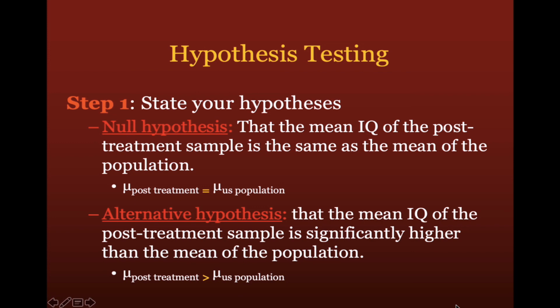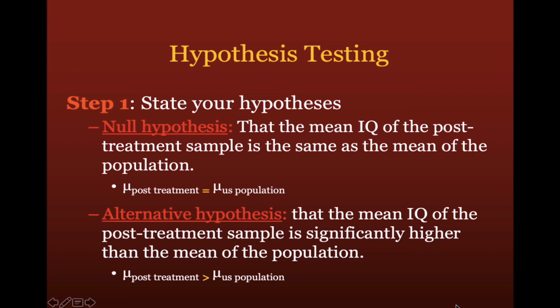So the null hypothesis for this particular example is that the mean for everybody who took the pills, so the sample, is the same as the mean for the population. And again, in this particular example, IQ tests are standardized to be 100. So we're saying that the mean for our sample will be somewhere around 100.